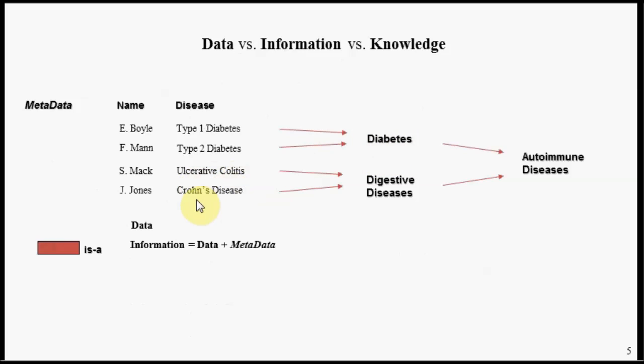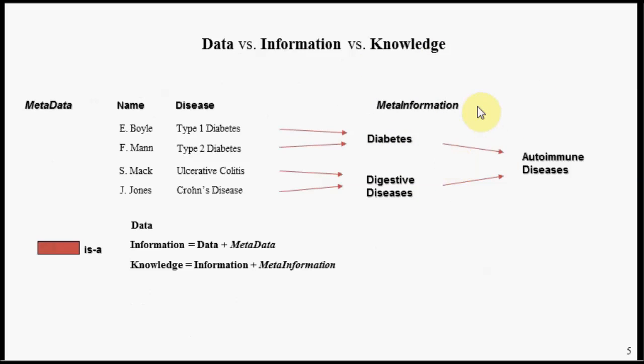Ulcerative colitis and Crohn's disease are specializations of this more general category called digestive diseases. So what do you call this structure here, this knowledge overlay? I call it meta-information. And so my definition of knowledge is information plus meta-information.